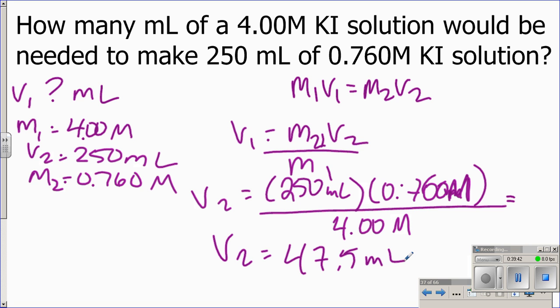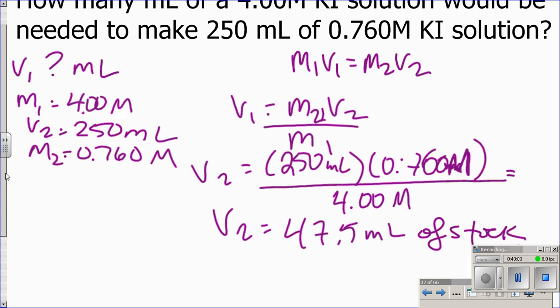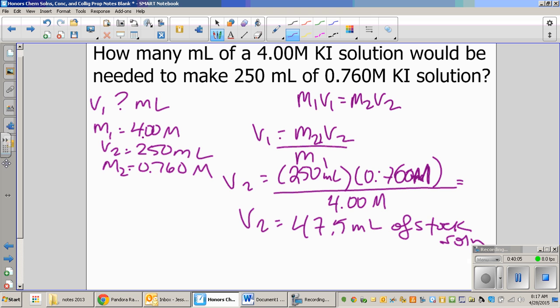47.5 milliliters. Who concurs? Fantastic. Who wants to volunteer to tell me how you would prepare this solution? Don't forget, this is 47.5 milliliters of stock solution. Go for it, Ariana. Take 47.5 milliliters of 4 molar stock solution and dilute it with water to 250 milliliters of total volume.